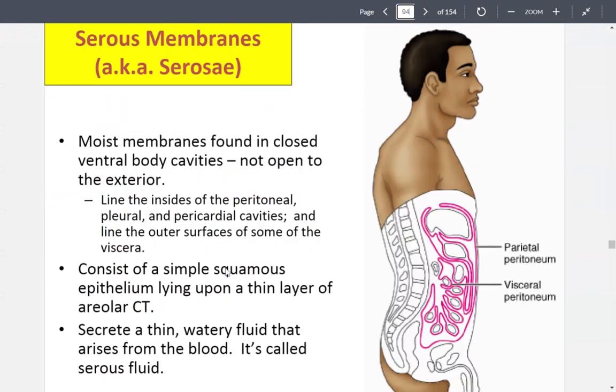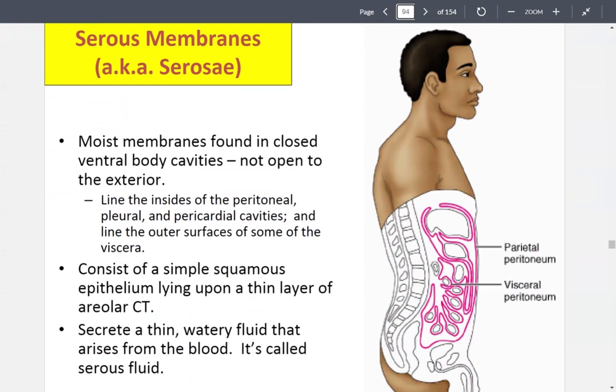Serous membrane, otherwise known as serosa. This is a moist membrane found in closed ventral body cavities. The ventral, remember, those are your anterior body cavities that are not open to the exterior.